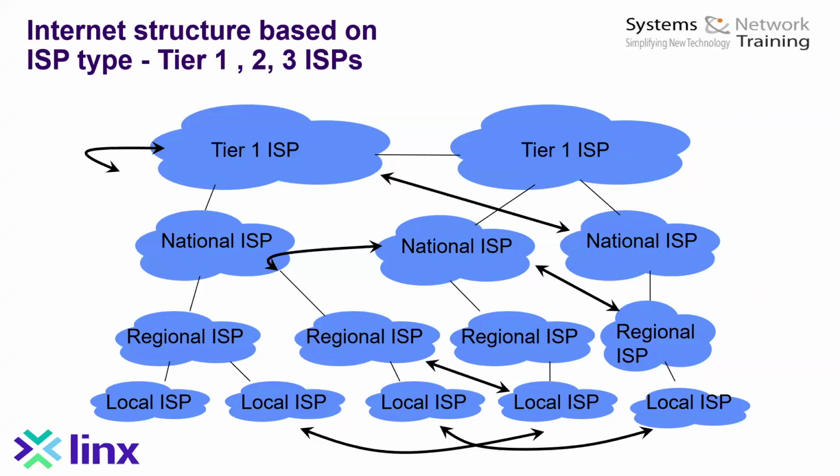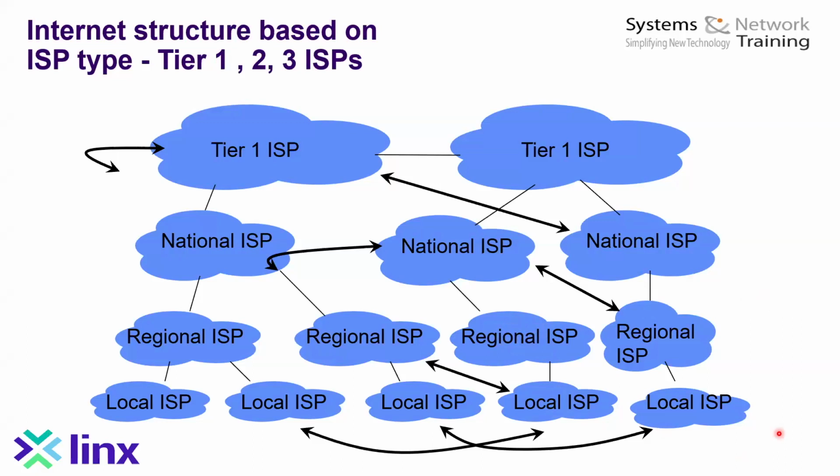And then a tier 3 provider is a service provider that only purchases internet access via a transit relationship. That's the definition. So as a local or regional service provider, you will always pay another service provider for transit. You won't do any peering of your own.